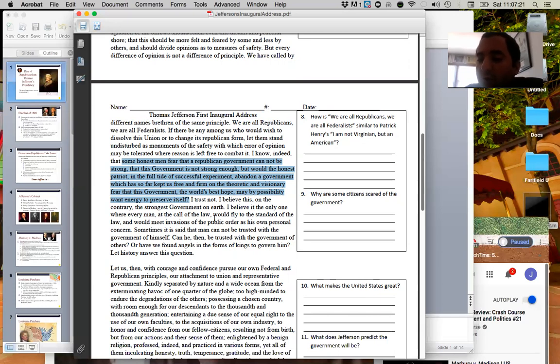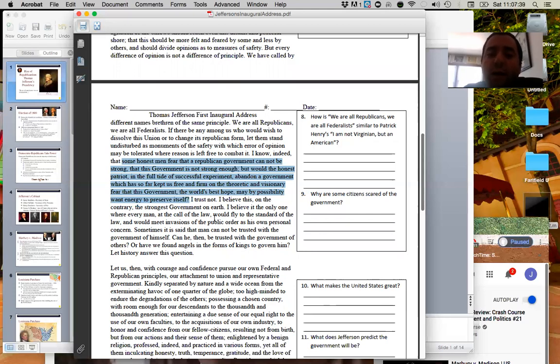So for question number 9, why are some citizens scared of the government? You're going to want to highlight what I just have right there. Some honest men fear that a Republican government cannot be strong, that this government is not strong enough.